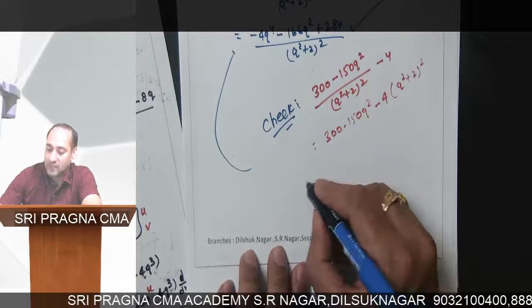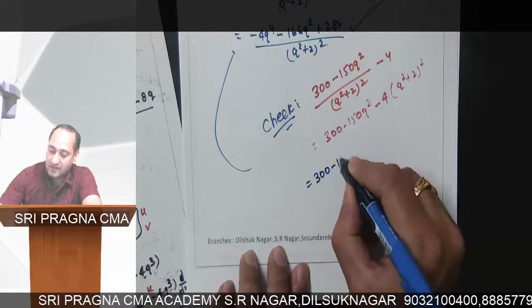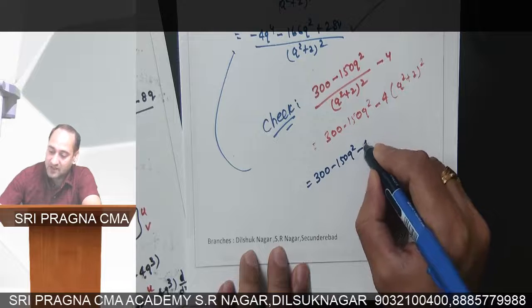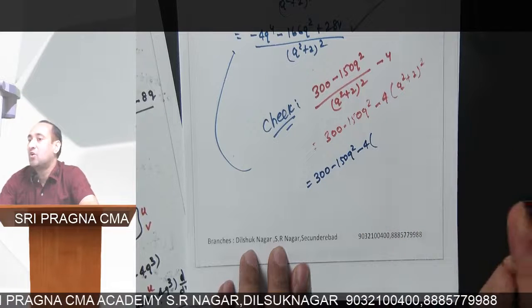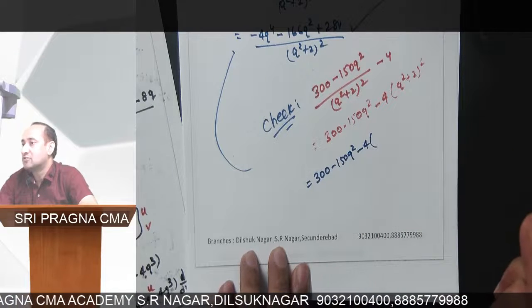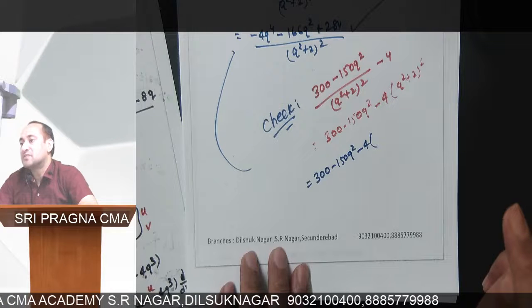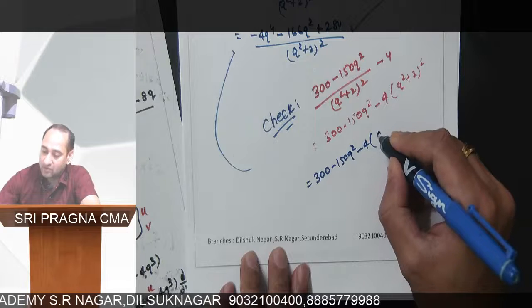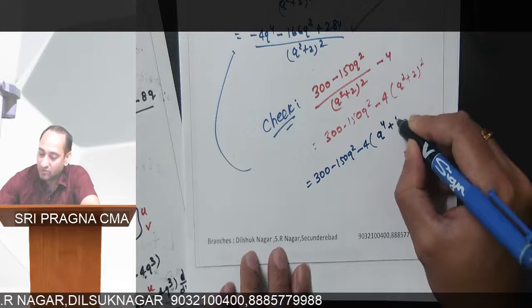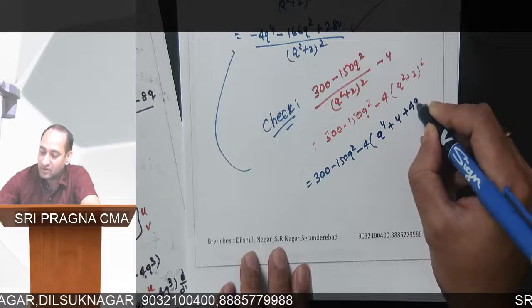So let us do. So 300 minus 150 whole square minus 4, and you know a plus b ka whole square. A plus b ka whole square is equal to what? A square plus b square plus 2ab. So I am going to do this one. Okay, 4 to the power q to the power 4 plus 4 plus 4 q square.